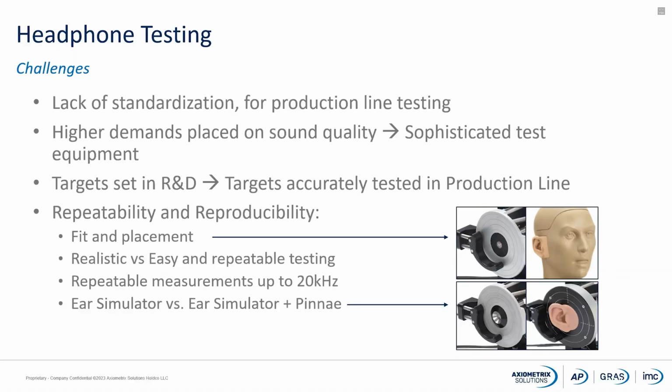We all know that the consumers of today would like to have a very high sound quality of their headphones. And it means that we have, in some cases, to do more sophisticated tests. We have to use more advanced test equipment for doing these tests, for fulfilling the demands from the market.